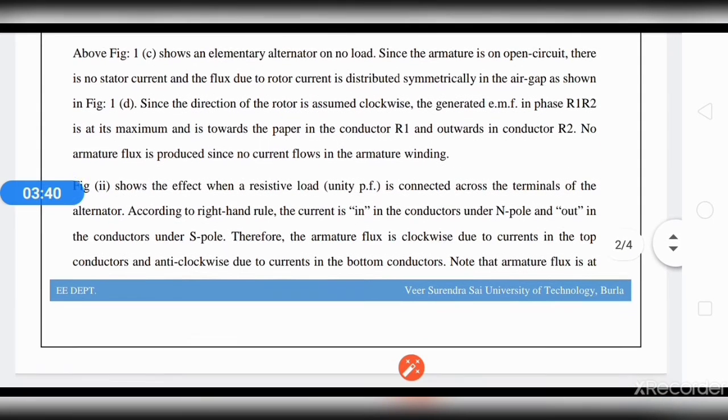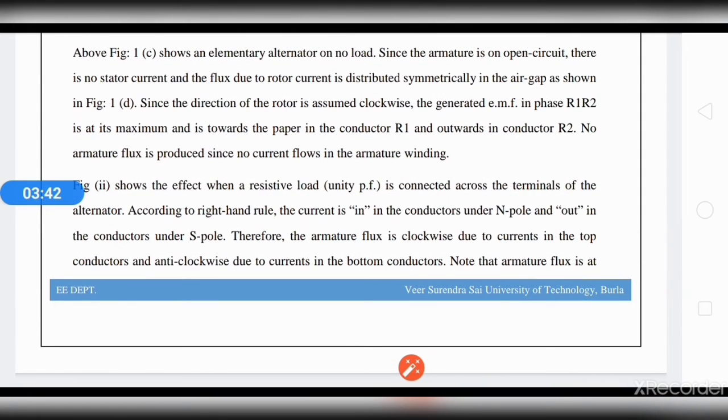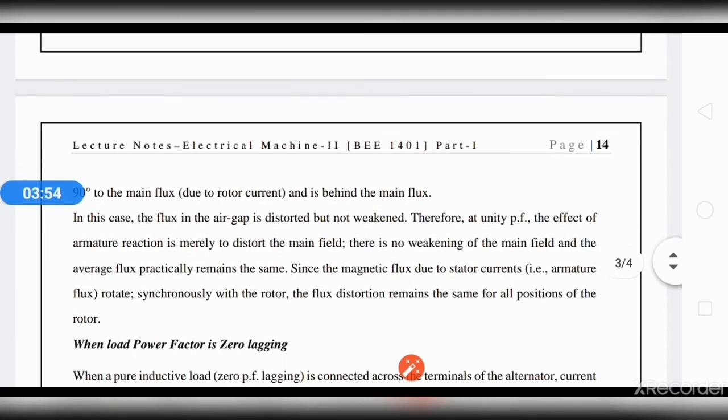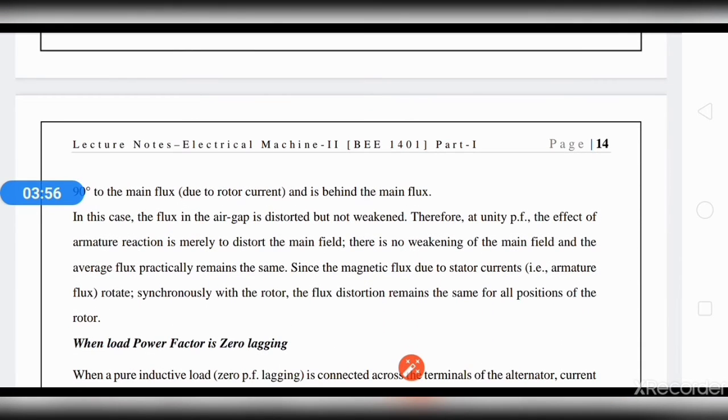Now the armature flux is clockwise due to currents in the top conductor and anti-clockwise due to the current in the bottom conductor. Note that the armature flux is 90 degrees to the main flux and is behind the main flux. Therefore, the flux in this case distorts the main flux, not weakens it.